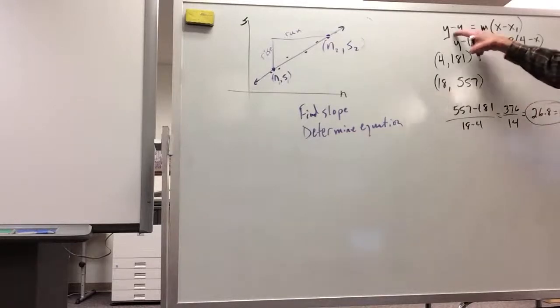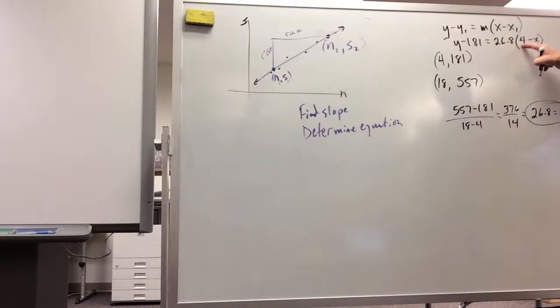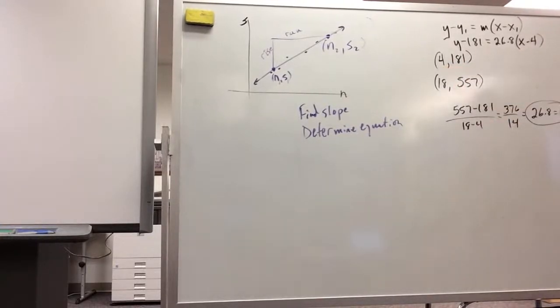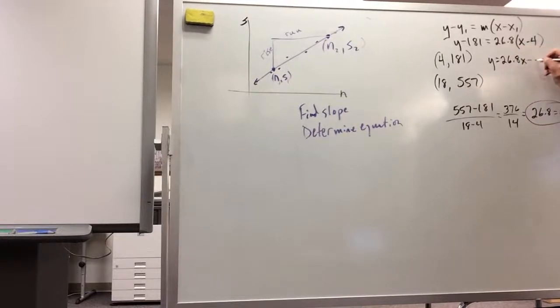Okay, so then what I did, point slope form of an equation, I just said y minus one of these points equals my slope times the quantity of, wait, this has got to be x minus the x value from one of those points. Then, what we can do with this is move this 181 over here and combine like terms so that we have an equation in slope-intercept form.